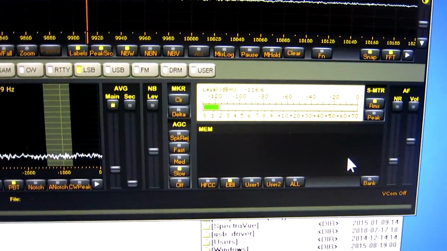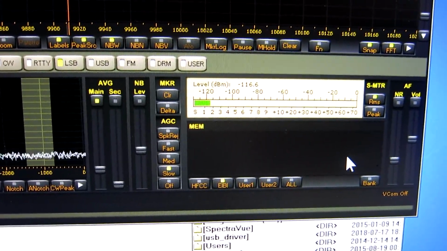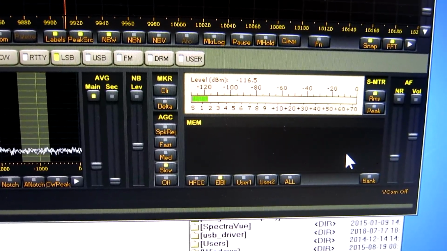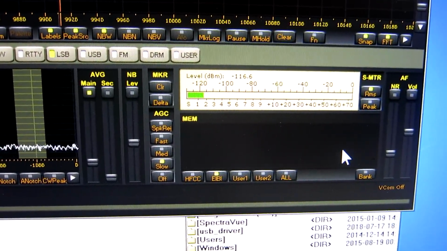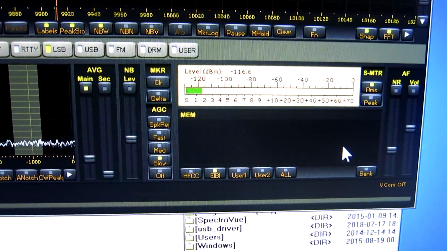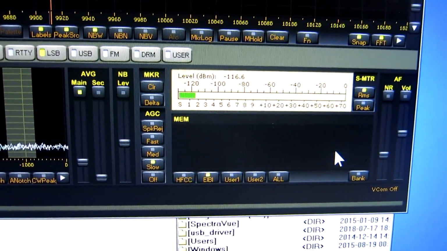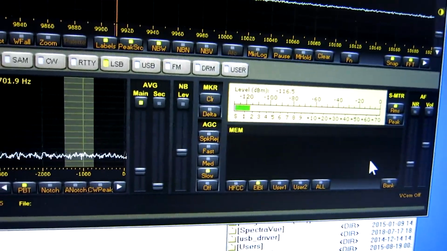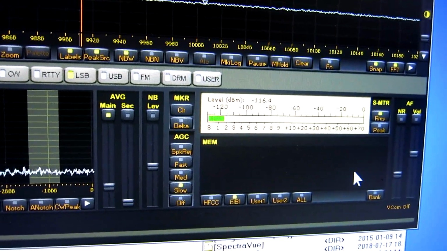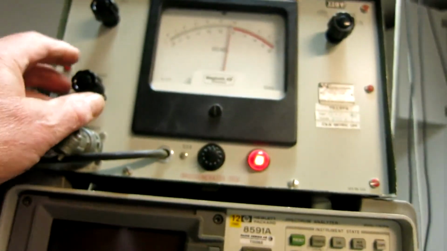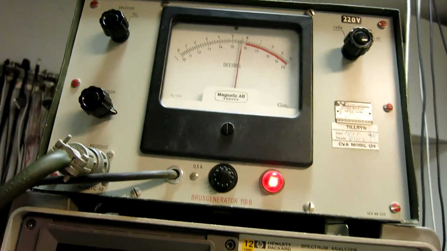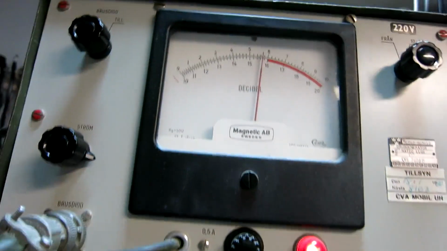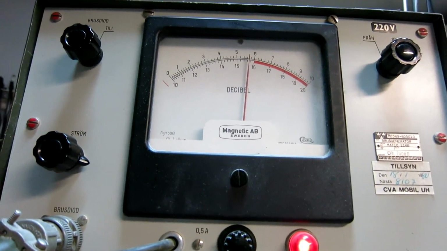Now I switched on the noise source and I have minus 116.7. Well, not quite, but close to it. Maybe 0.1 dB less noise would be appropriate. So 0.1 dB, it means the noise figure is 5.7 dB.